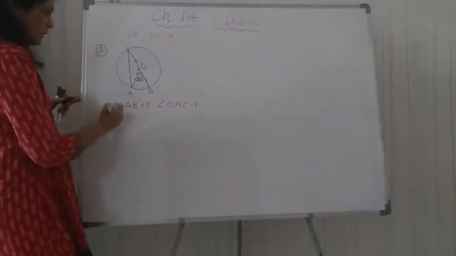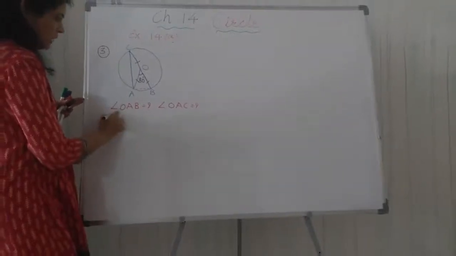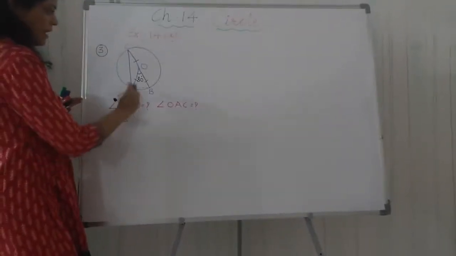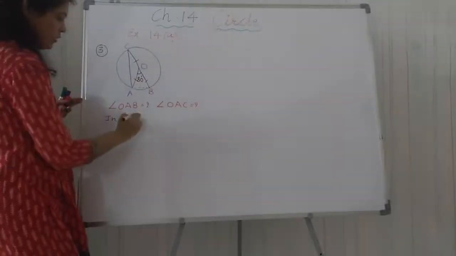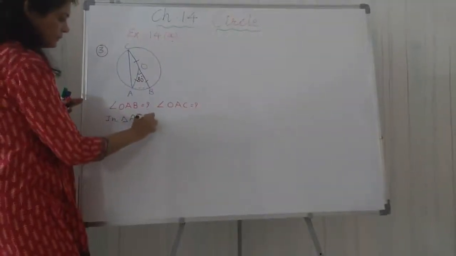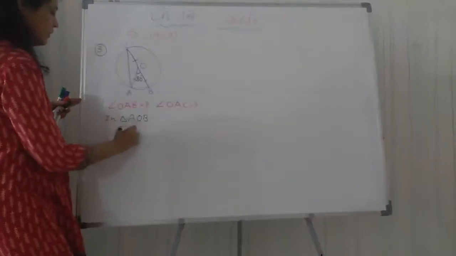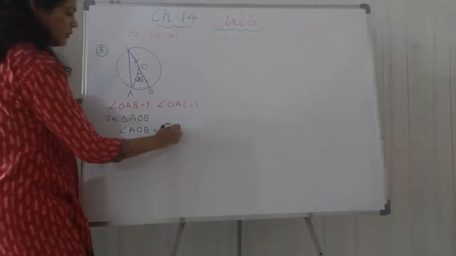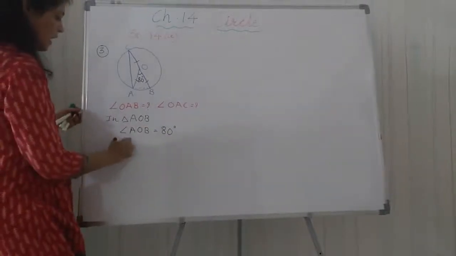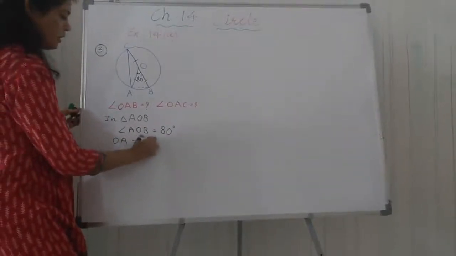So I am writing here, first of all, in triangle AOB, which I have joined with a dotted line, you can see. Angle AOB is equal to 80 degrees, we are given. Also OA is equal to OB. Why?